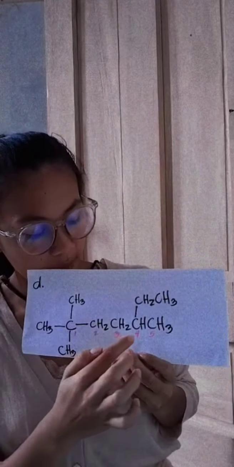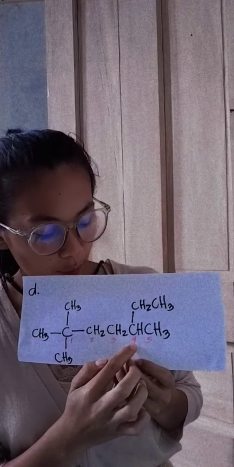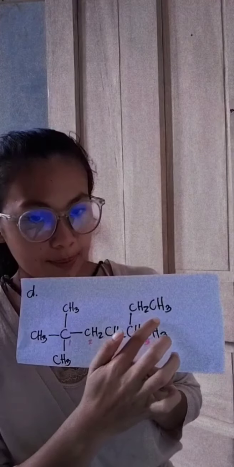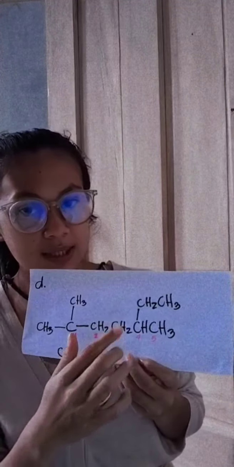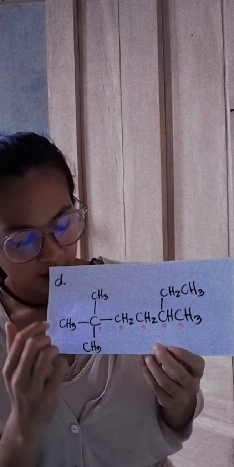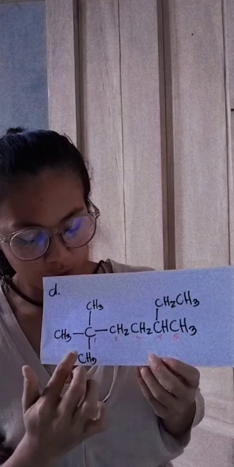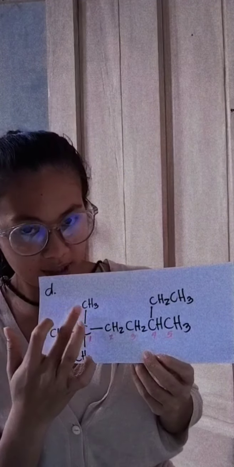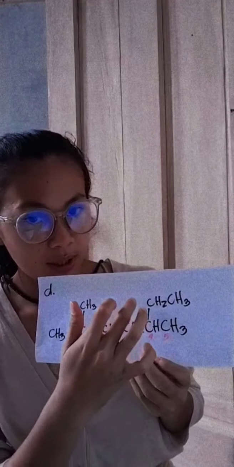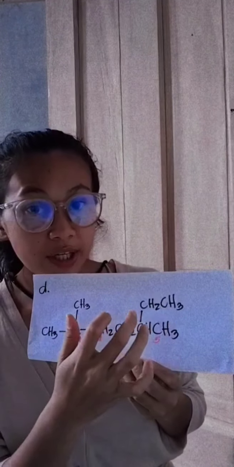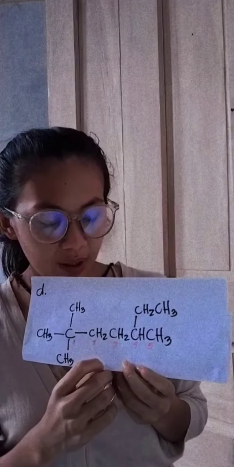So we have another substituent that attached to carbon 4, which is ethyl. So our substituents in these alkanes are 1-trimethyl because there are 3 substituents in 1 carbon, and 4-ethyl. We already know our parent name, which is pentane.